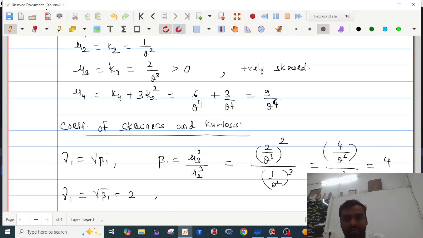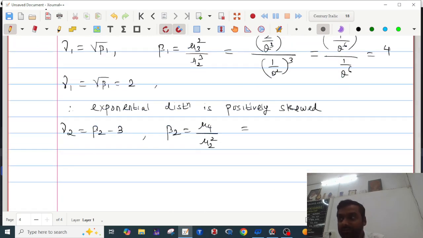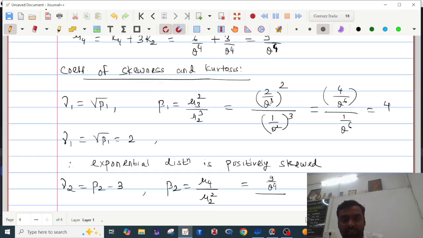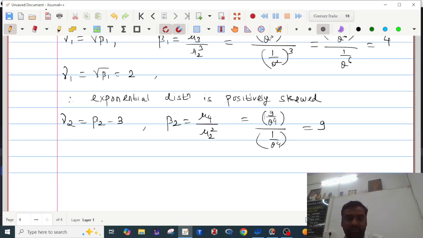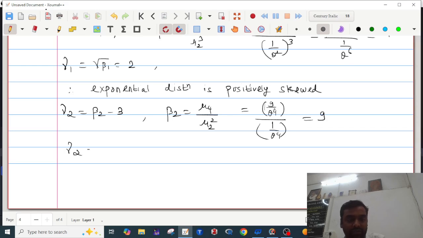Mu 4 is 9 upon theta raised to 4. Mu 2 is 1 upon theta square. Its square is 1 upon theta raised to 4. If you solve this, you will get 9. Beta 2 is 9. Gamma 2 is equal to 9 minus 3, that is 6.